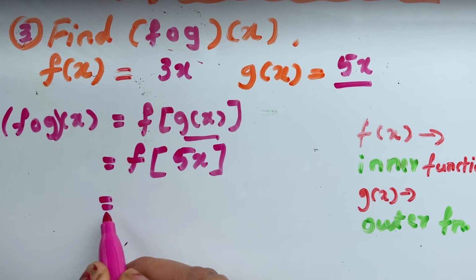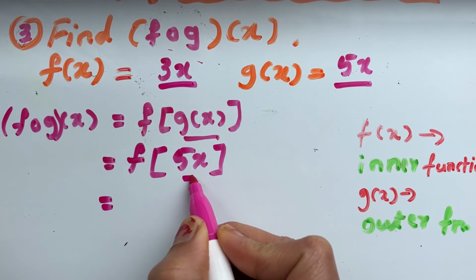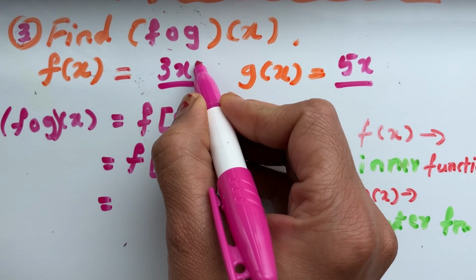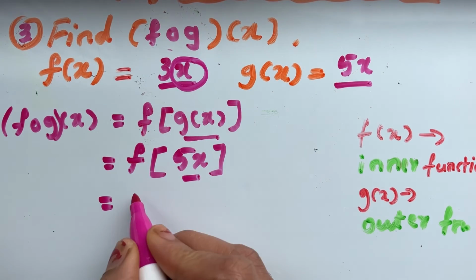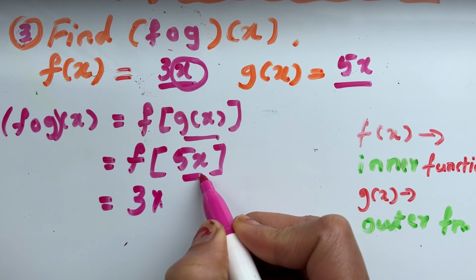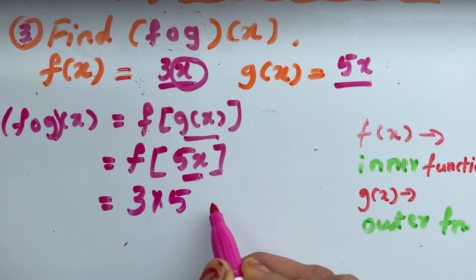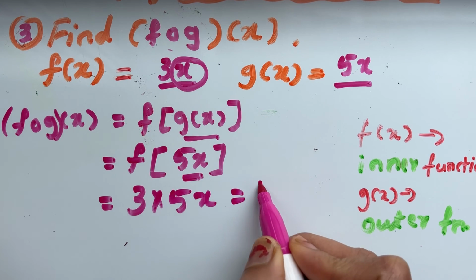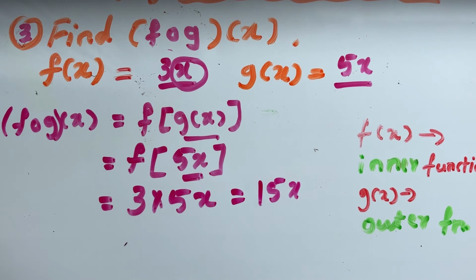You know that f of x is 3x. In place of x, you have to replace 5x, which is equal to 15x.